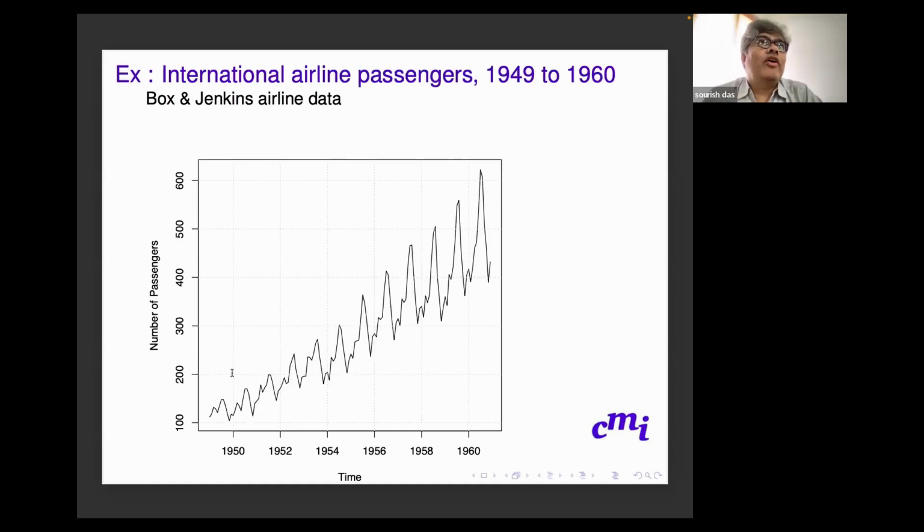This data set you have already seen in your regression and classification classes, the international airline passenger data, that we worked with.